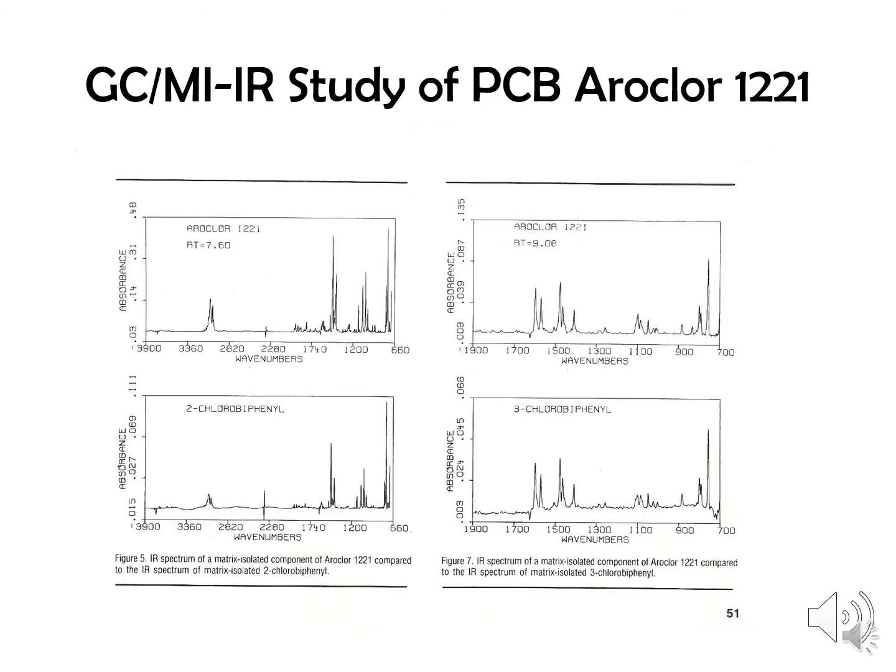In this case, looking at the fingerprint region, we were able to pull out the fact that the 3-chlorobiphenyl was there, which was not previously identified. So we were able to show that there was some 3-chlorobiphenyl present. This shows the power of GCMIR to identify specific isomers.